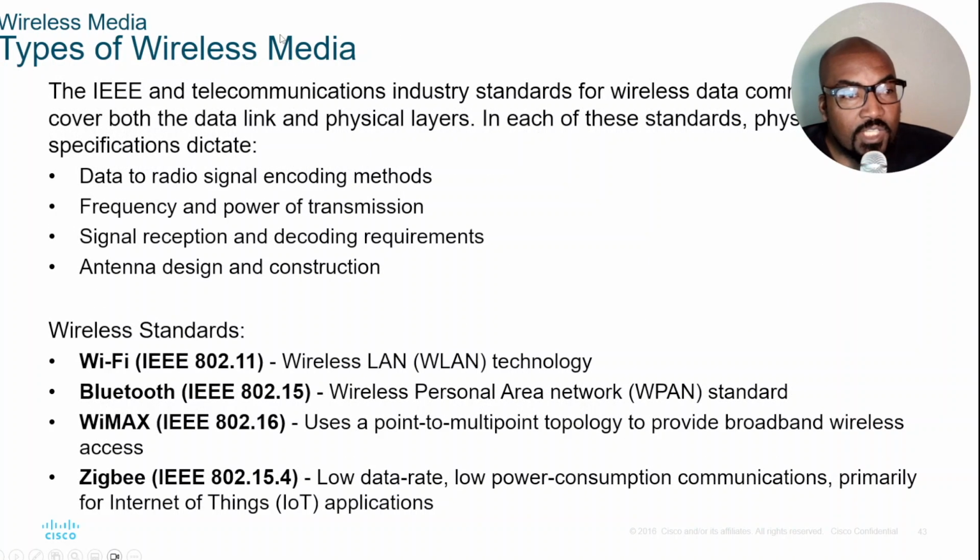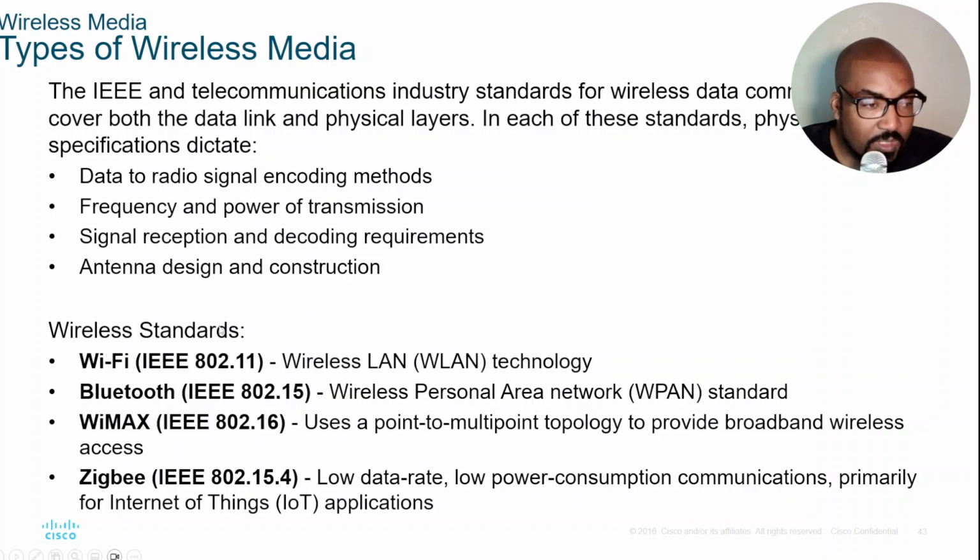The IEEE and telecommunication industry standards for wireless data communications cover both the data link and the physical layers, that is layer 1 and layer 2. In each of these standards, physical layer specifications dictate the data, the radio signal encoding methods, frequency and power transmission, signal reception, antenna design, all that good stuff. Folks, make sure you understand this right here.